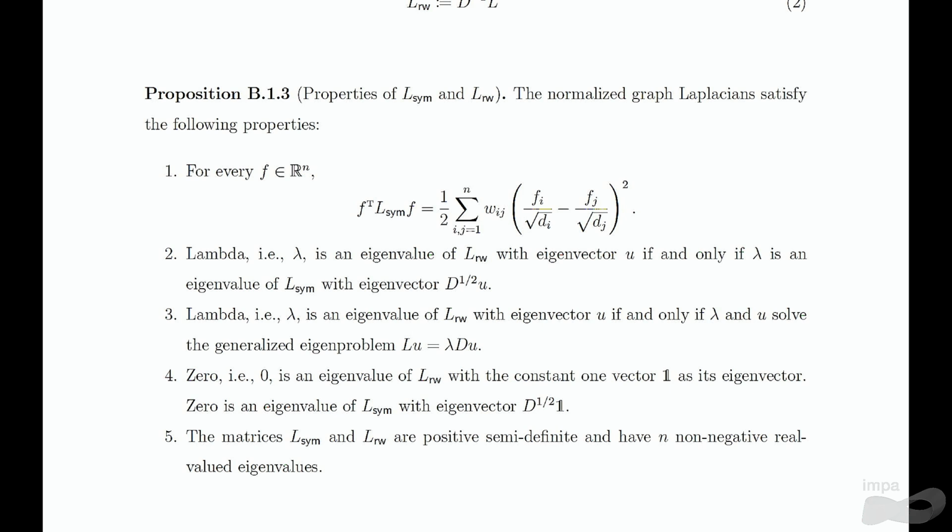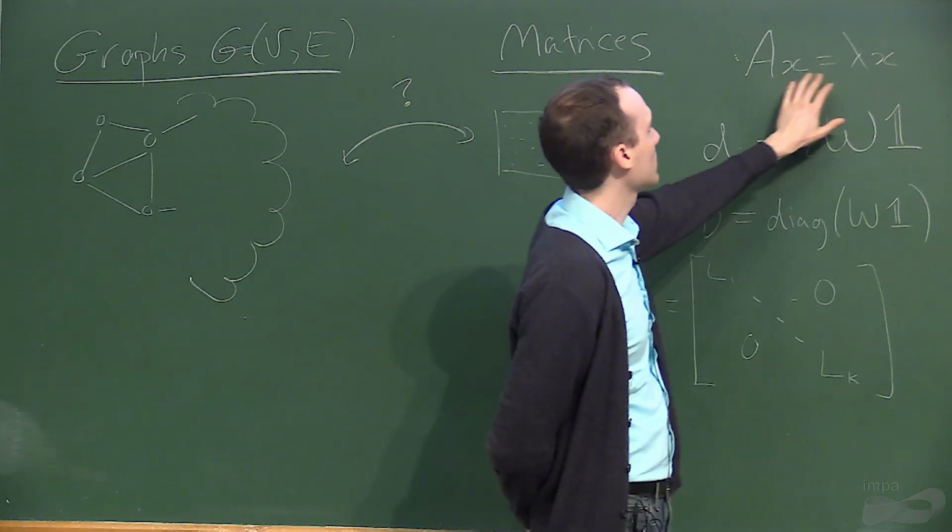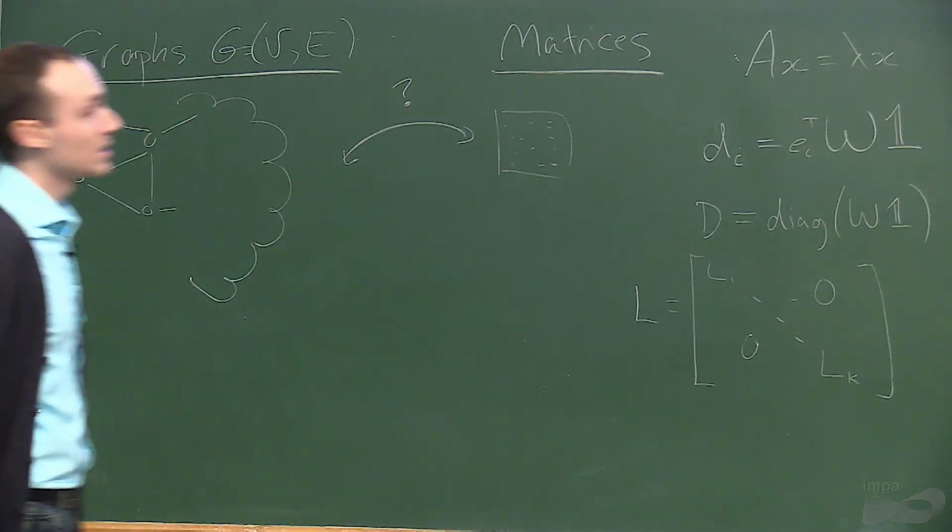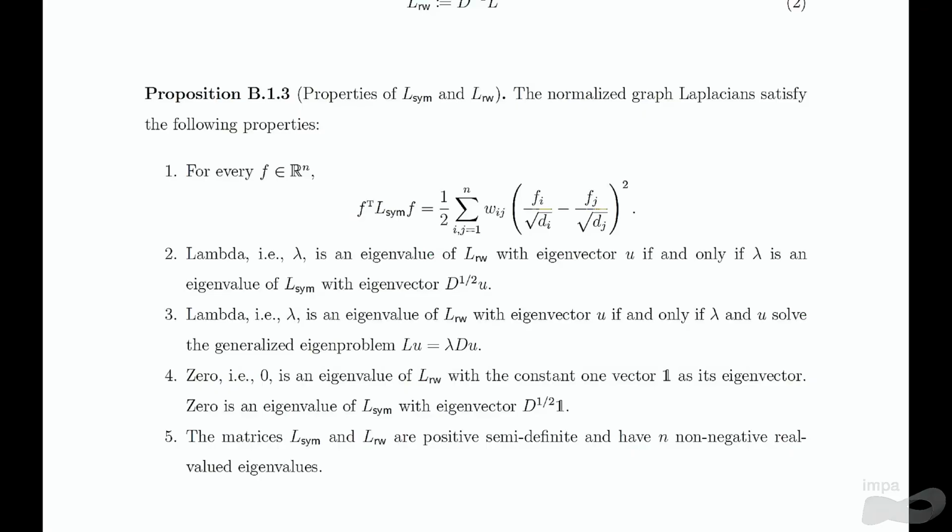We're used to seeing the conventional or classical eigenproblem here, Ax equals lambda x, but the generalized problem is one in which we have Ax equals lambda times, say, Bx. Here, D plays the role of B. So the claim is that there's a correspondence between these eigenvectors for what's called the generalized eigenproblem. Here, 0 continues to be an important eigenvalue for us.